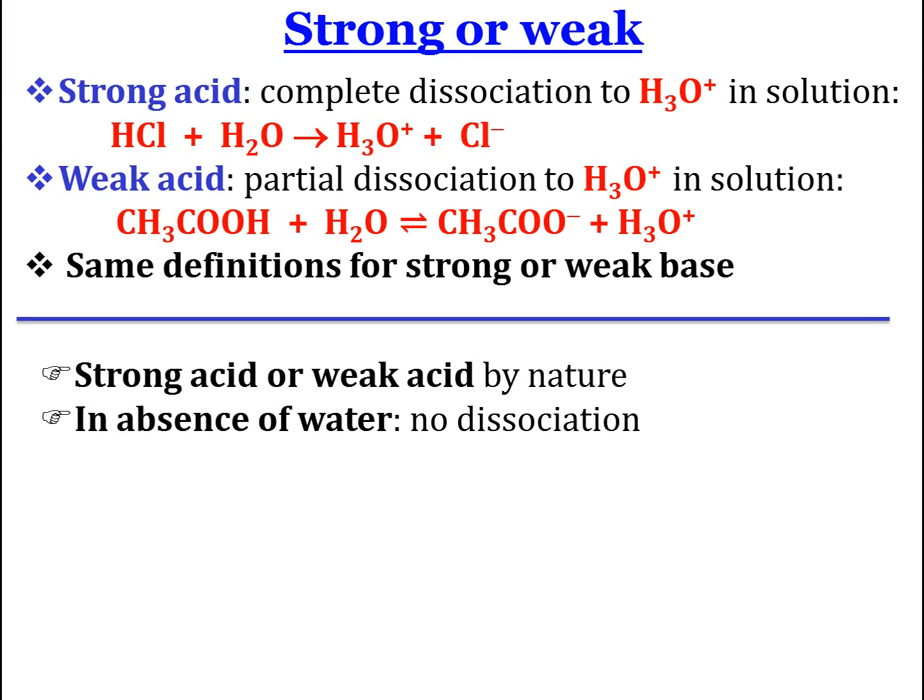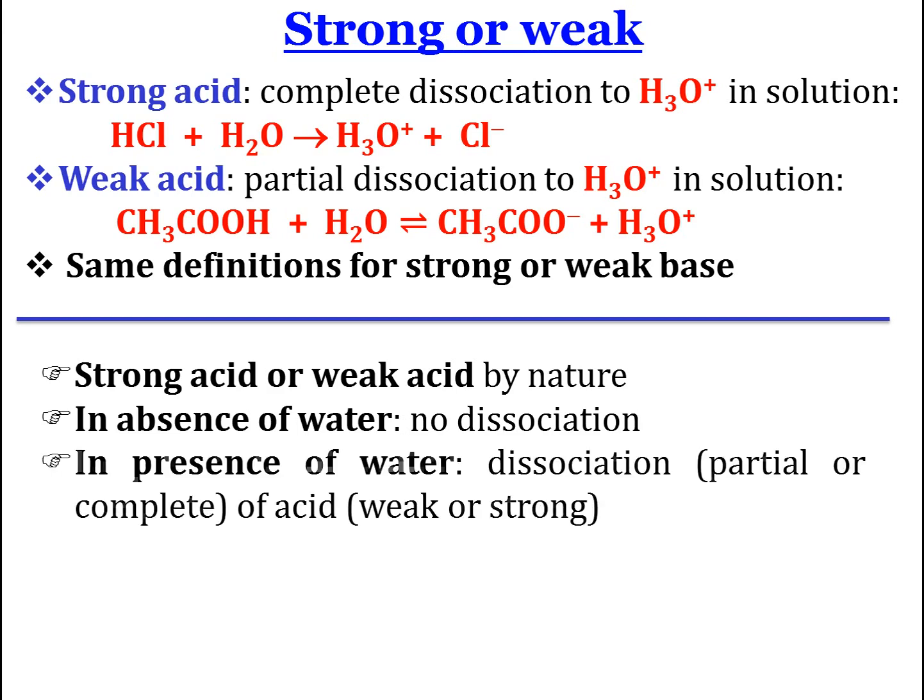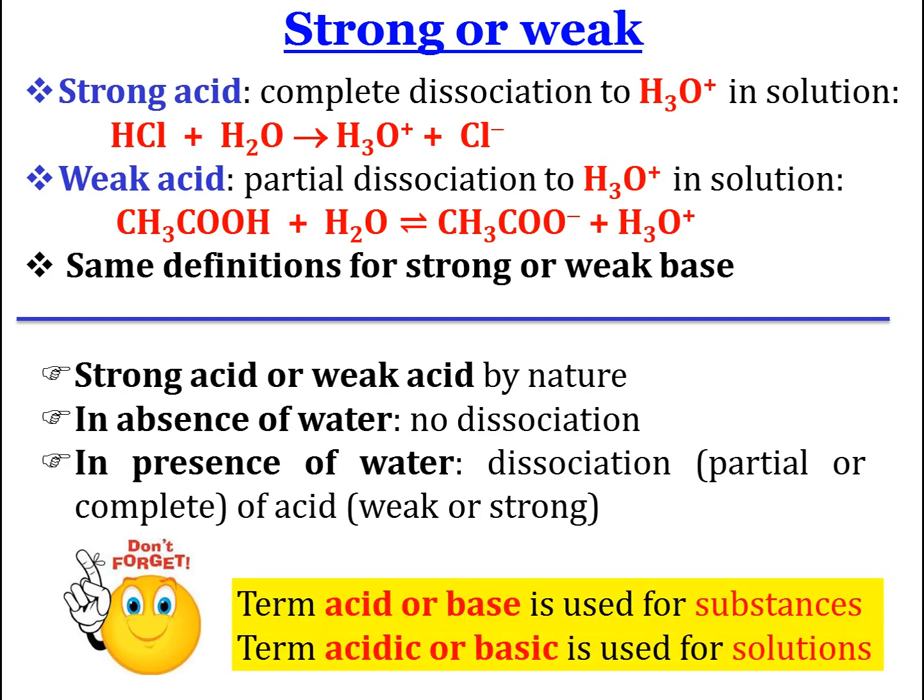In absence of water, we have pure acid or pure base substances. We don't have dissociation. The dissociation of the acid, weak or strong, or of the base, weak or strong, takes place in the presence of water. So in presence of water, we have dissociation, partial or complete, of acids or bases. Never forget and never confuse between the term acid and acidic, base and basic.